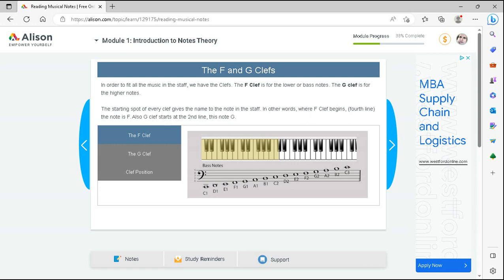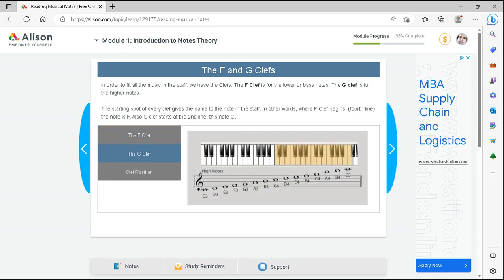So this is the F clef. And then this is the G clef.